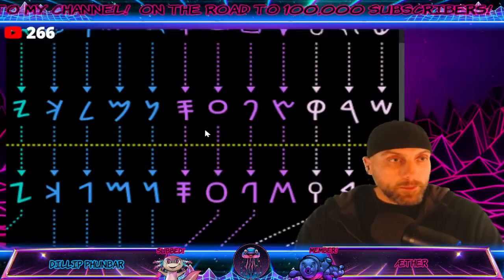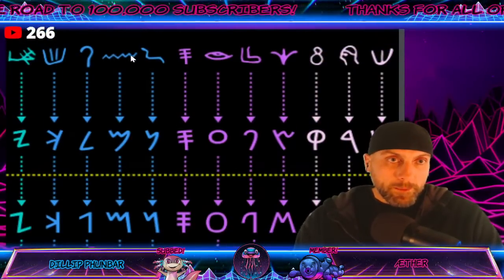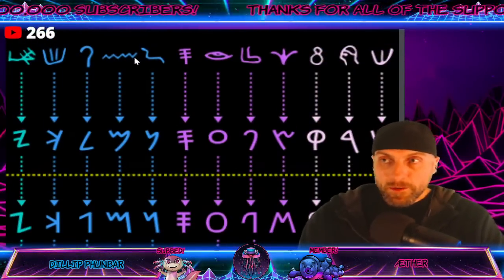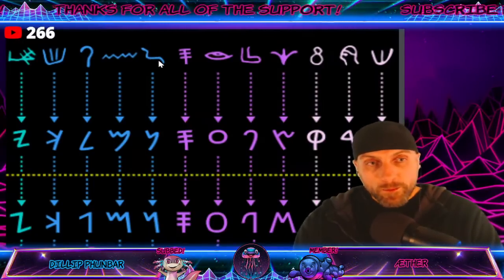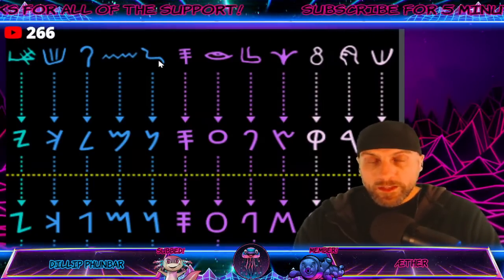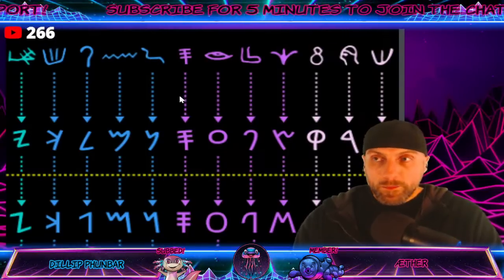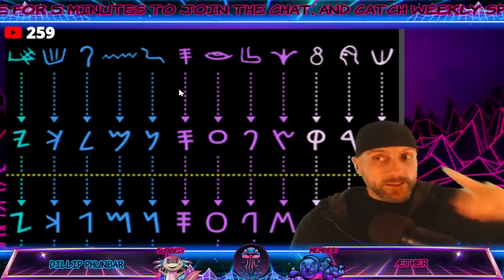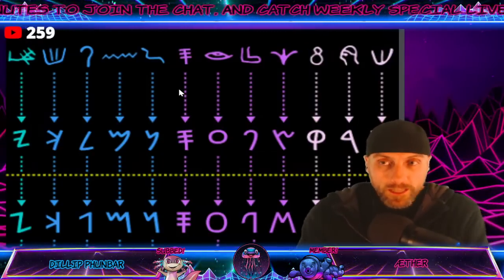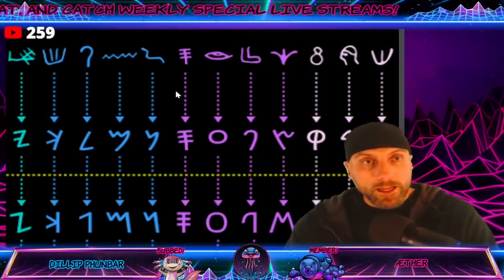Let's take a look at some comparisons here. Mem is the water top, M, right? And then here it looks like a snake. This is very much what it looks like in the Egyptian hieroglyphs as well. It looks just like a snake because it's plasma. In my opinion, this is how I interpret that: it is a squiggly line of plasma, which is life, or moving spirit, which moves through the air like that.